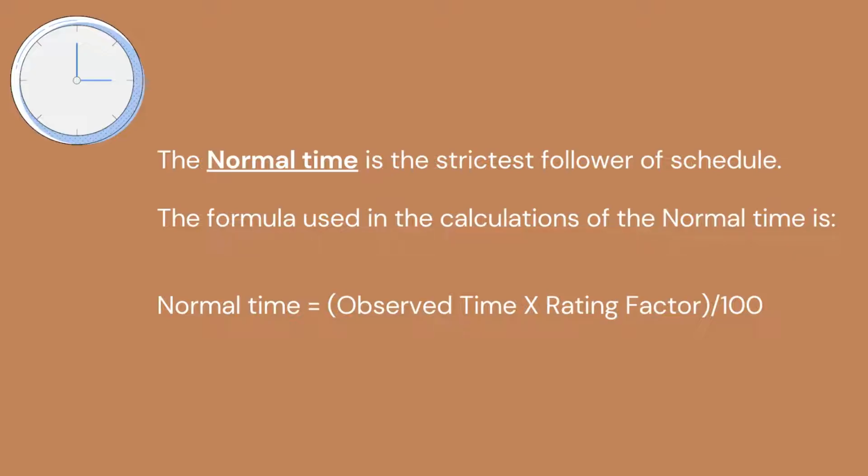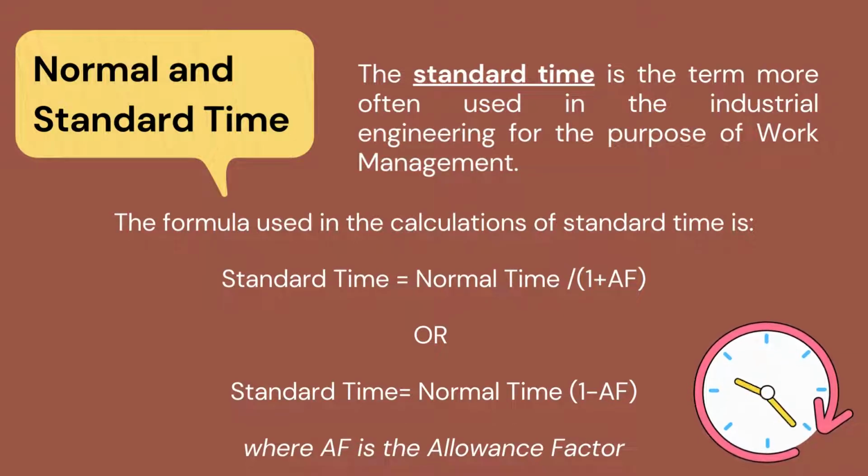By the way, going back to the formula of the standard time, for the first case wherein standard time is equal to the normal time all over 1 plus AF, we usually use this when the allowance is given as a fraction of the normal time, and usually this is stated in the problem as the allowance is added in the normal time.